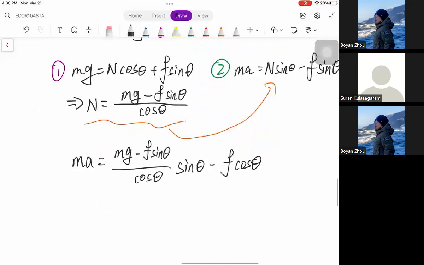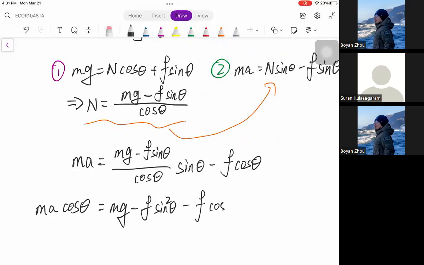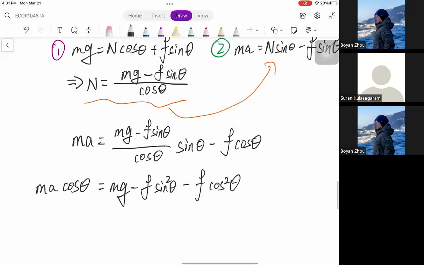Then I multiply cosine theta on both sides. So on the left hand side, you have ma cosine theta is equal to (mg minus f sine theta) sine theta minus f cosine squared theta.